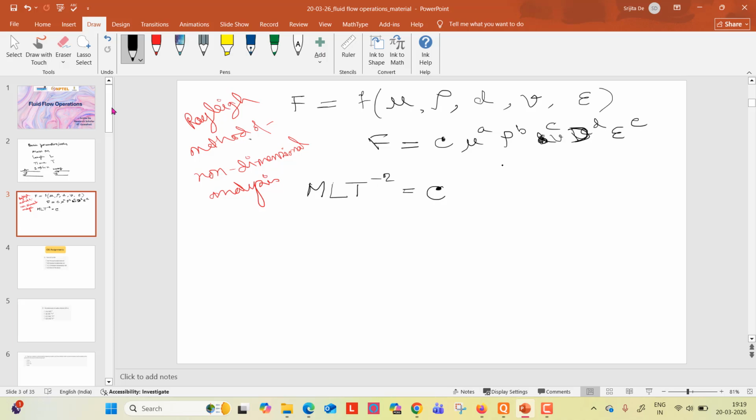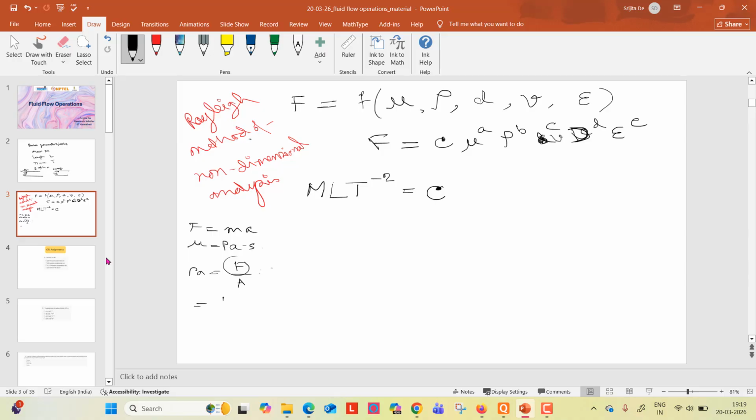Then comes mu. What is the unit of mu? It is the Pascal second. Pascal is force per area, and force is again mass into acceleration.